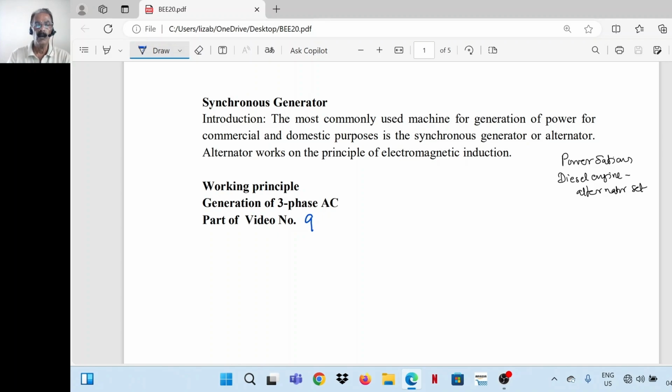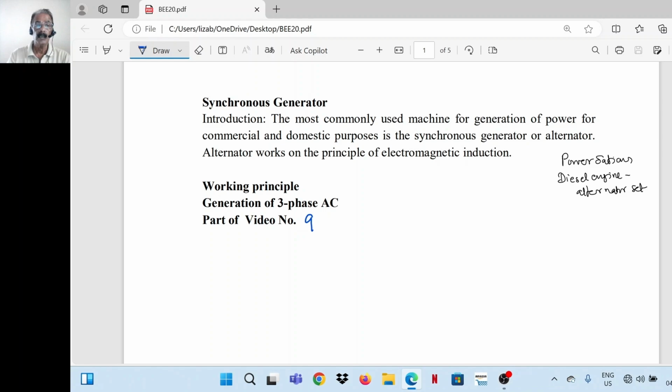In a coal-fired station or a nuclear power station, a steam turbine alternator set is used. So in our power system, most of the generators are synchronous generators only, except a few induction generators which are associated with wind power.